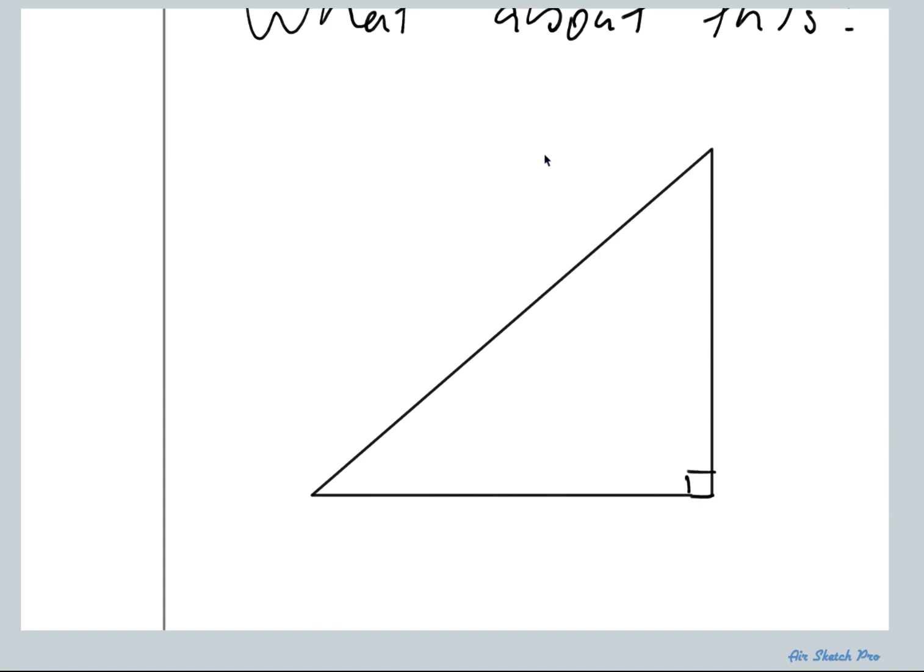This is a right angled triangle. Tell me some particular properties about a right angled triangle. Sophie, for one, please. Yep. How many 90-degree angles can we have in a right angled triangle? A maximum of? Yeah, because if it was 2, we wouldn't have an angle to make the third side, right?